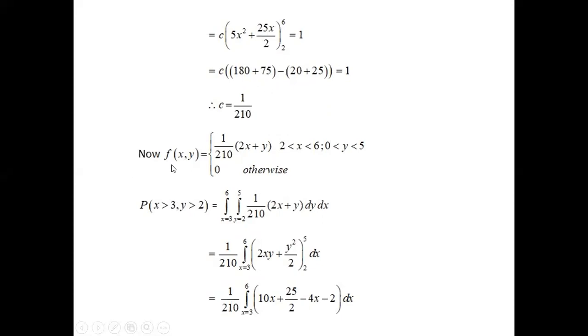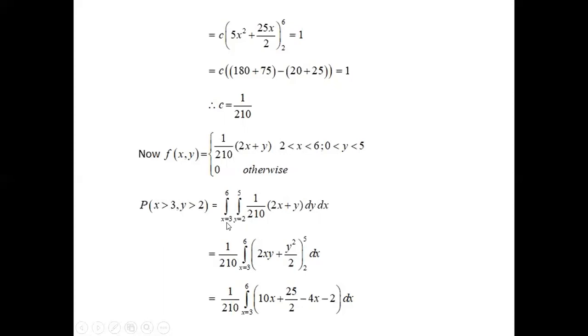Then my probability density function f of x comma y equals 1 by 210 into (2x plus y), where 2 is less than x is less than 6 and 0 is less than y less than 5, and 0 otherwise. Now I have to find the probability of X greater than 3, Y greater than 2. So the lower limit for x is 3, and the lower limit for y is 2.